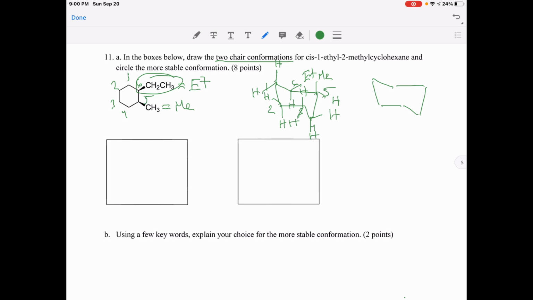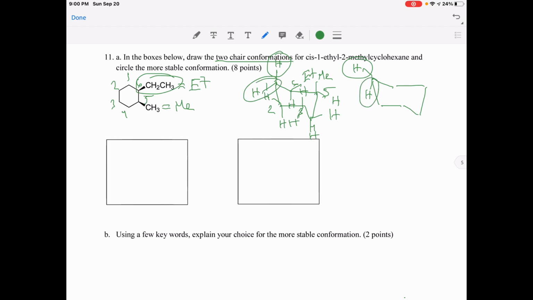So we can start off with the equatorial up and axial down. It was originally axial up, now changed to equatorial up. And similarly, this was equatorial down, this changed to axial down.